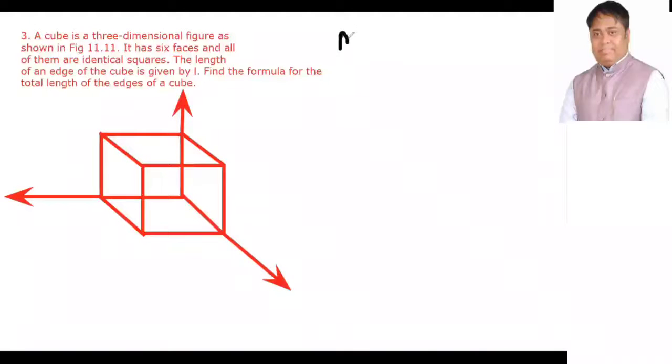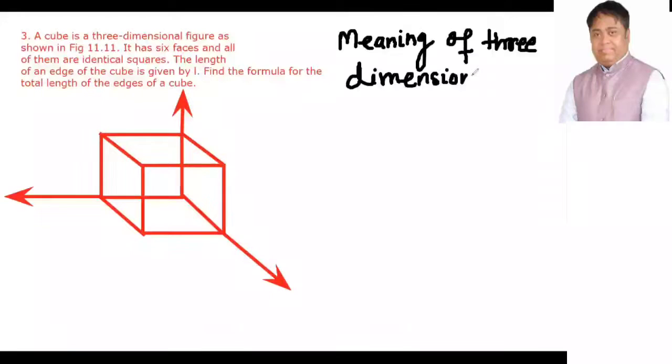Meaning of three dimension. Three dimension means it should have a length, it should have a breadth, and it should have a height.